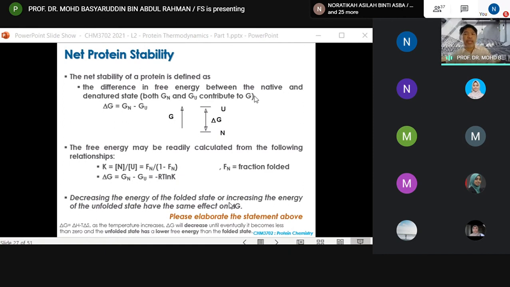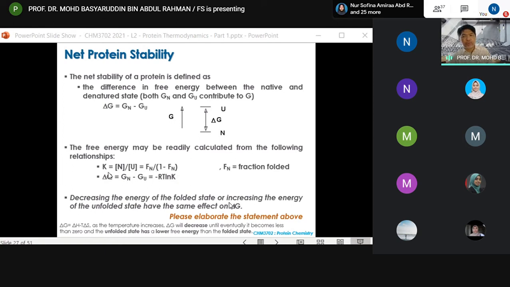Now, the free energy can be calculated from the following mathematical equation. This is quite straightforward. K is equal to the concentration of native folded over the unfolded, meaning that we can find Fn, the fraction that has been folded, via Fn over 1 minus Fn.